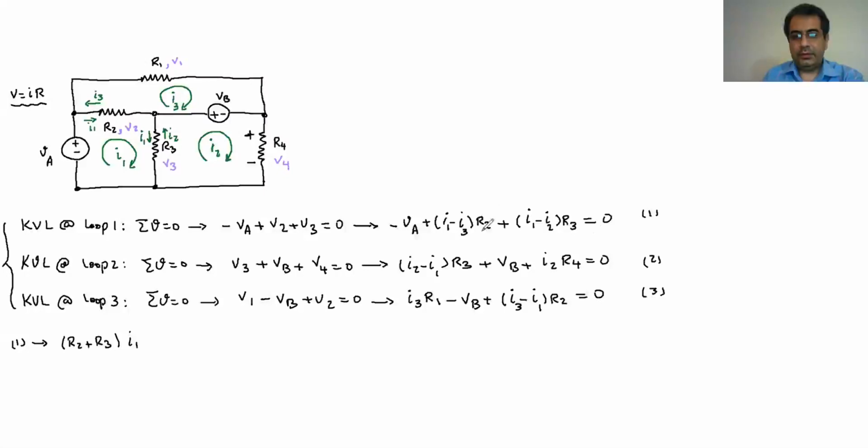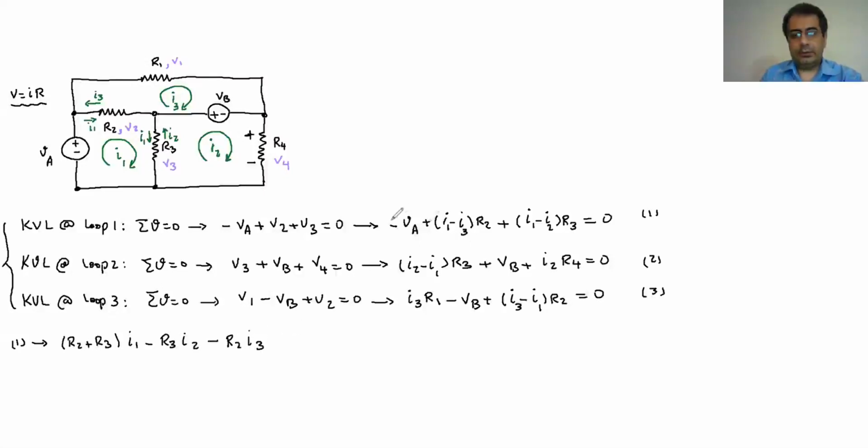Then for the I2, it's the negative R3 I2. And then for the I3, it's the negative R2 I3.